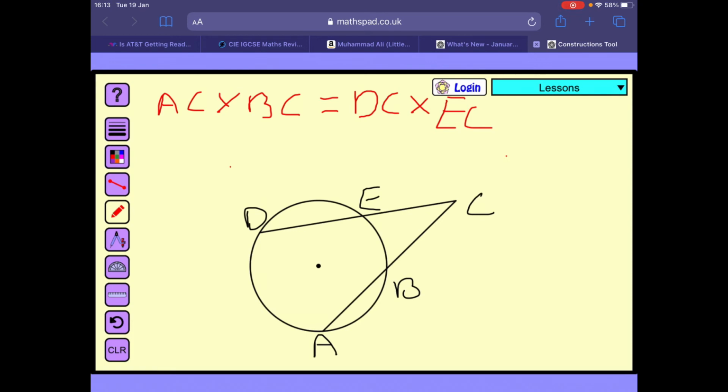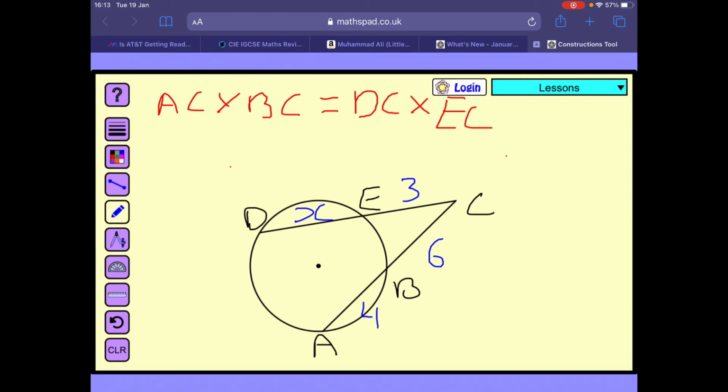EC. So let's put some numbers in there so we can see how this works. So let's say that AB is 4, BC is 6, and EC is 3, and we want to find the distance DE, which is x.